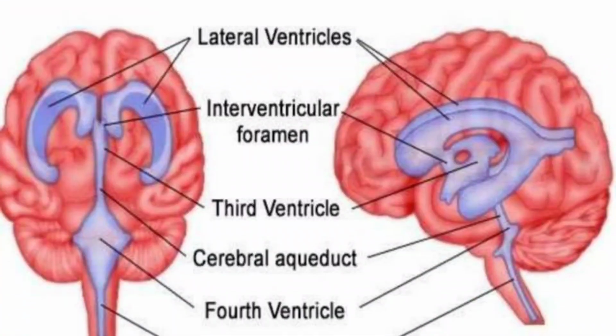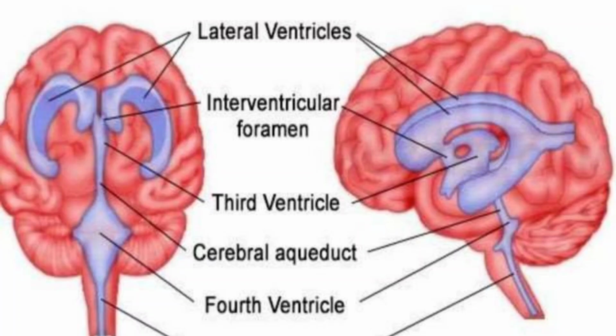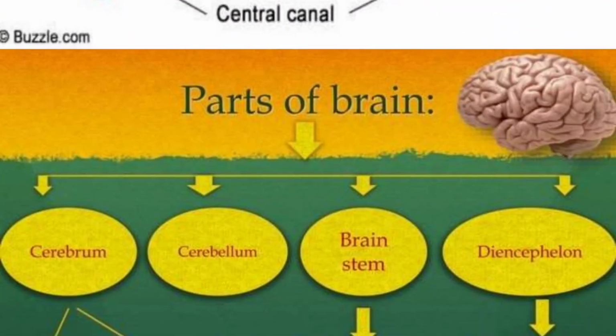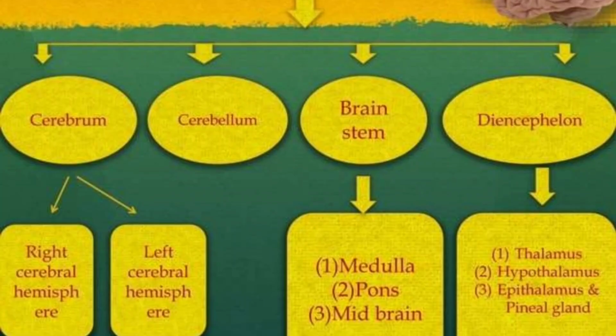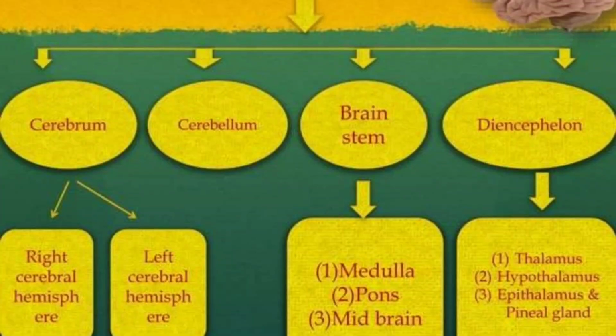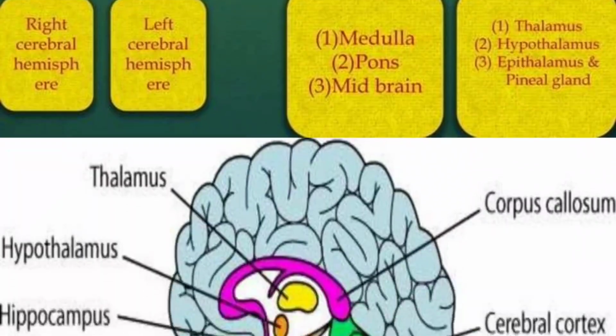Ventricles of the brain. 2 lateral ventricles and interventricular foramen. Third ventricle, you can see cerebral aqueduct and fourth ventricle and central canal. Parts of brain. Cerebrum: right cerebral hemisphere and left cerebral hemisphere, and cerebellum, brainstem, medulla, pons, midbrain and diencephalon, thalamus, hypothalamus, epithalamus and pineal gland.